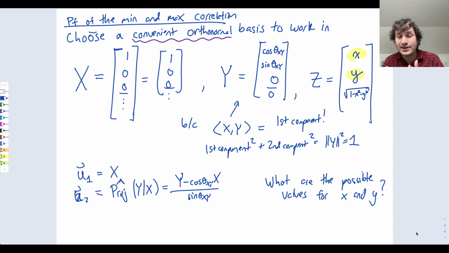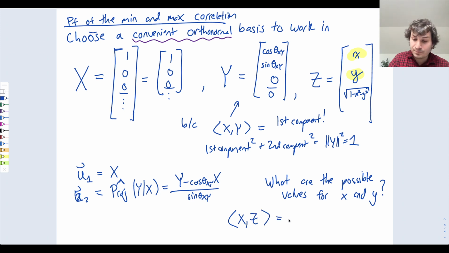And then once we have the correct inner product between y and z, we can answer the question, what is the inner product between x and z? That is literally looking at x, which is a 1 in all zeros, and looking at z, which has an x in its first component. The inner product between x and z is the lowercase x. So whatever the possible values are for the lowercase x will answer our original question, what are the possible values for the inner product between x and z?